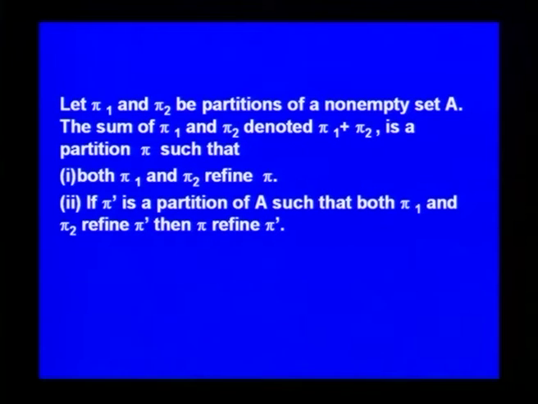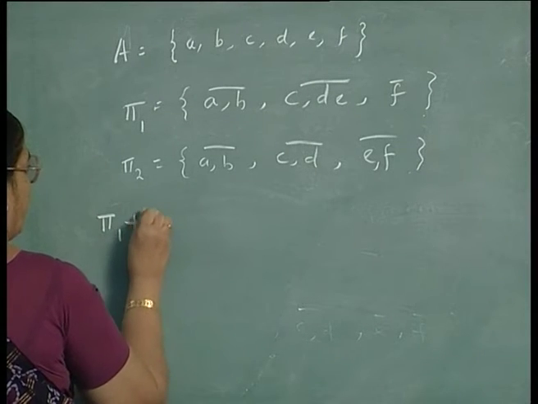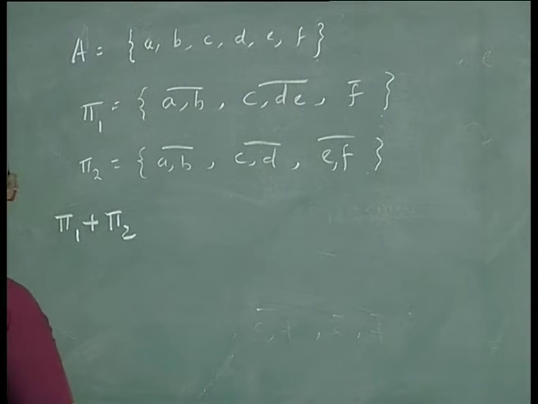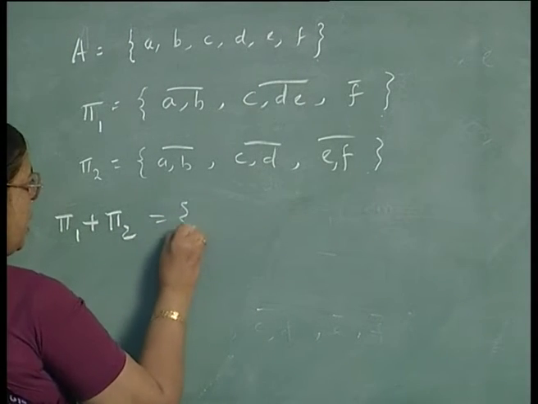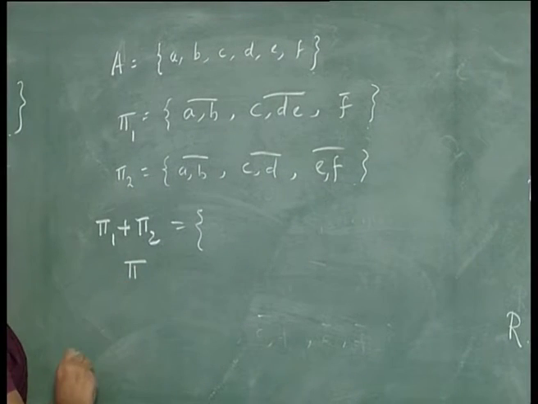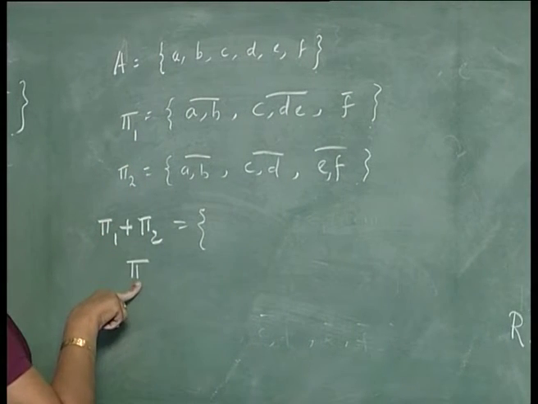Say, take the same example here. A is a set like this, pi 1 and pi 2 are partitions like this. The sum of these two, pi 1, pi 2, is a partition pi such that both pi 1 and pi 2 will refine pi.